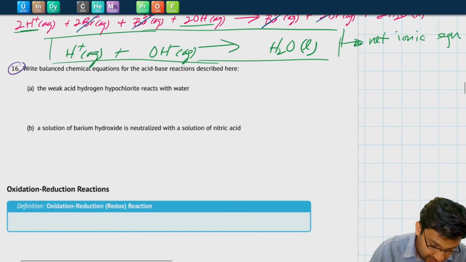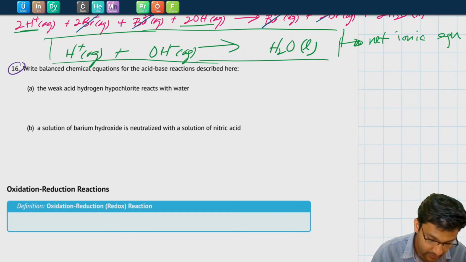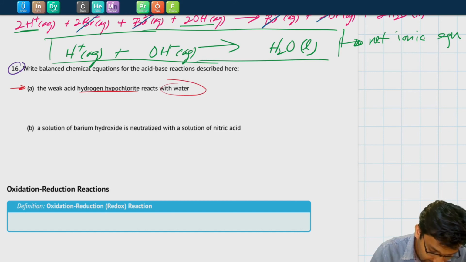All right, let's look at number 16. If you haven't worked it yet, please pause the video now and we'll go over it together. So in 16A, we have the weak acid hydrogen hypochlorite reacting with water. If you remember from our formulas, hypochlorite has formula ClO-.